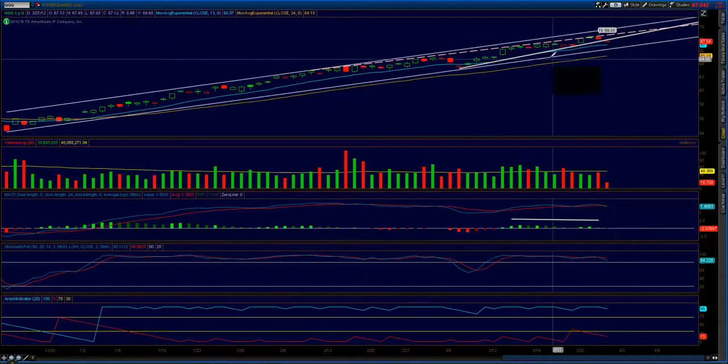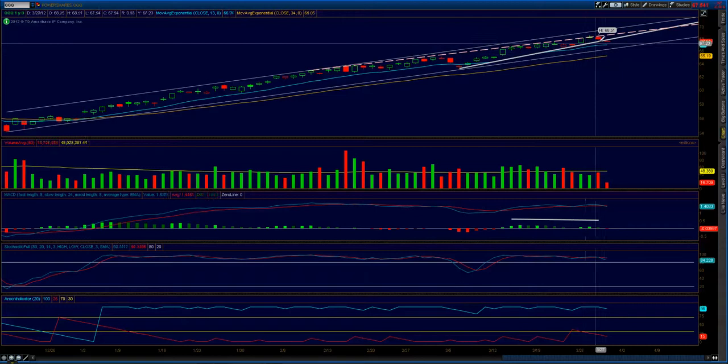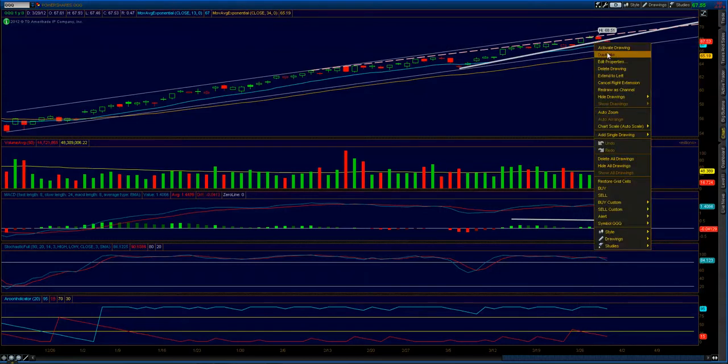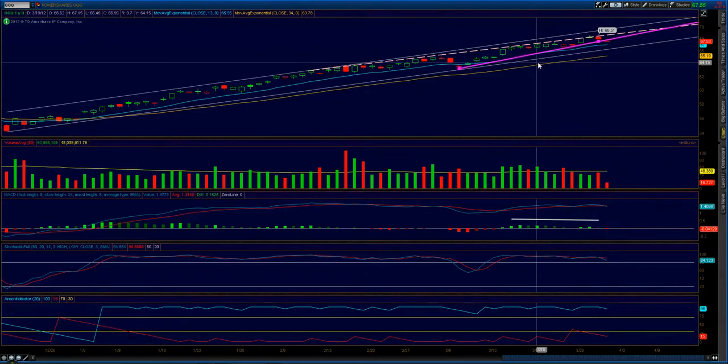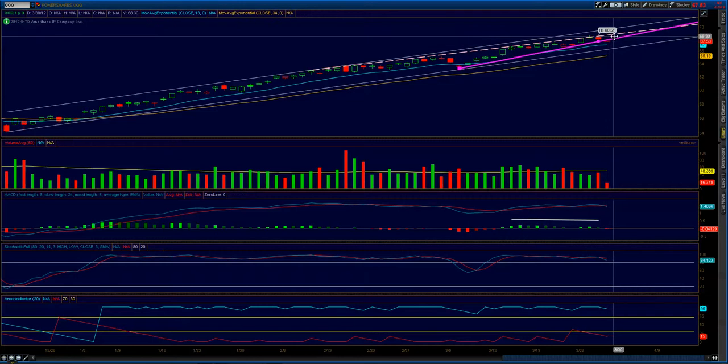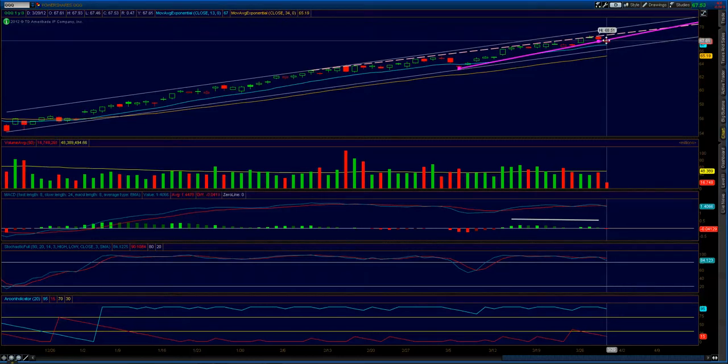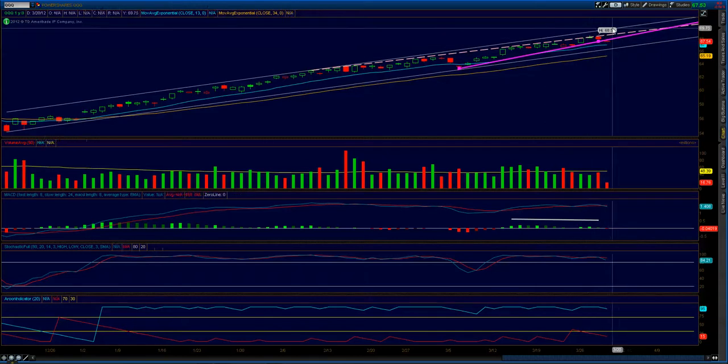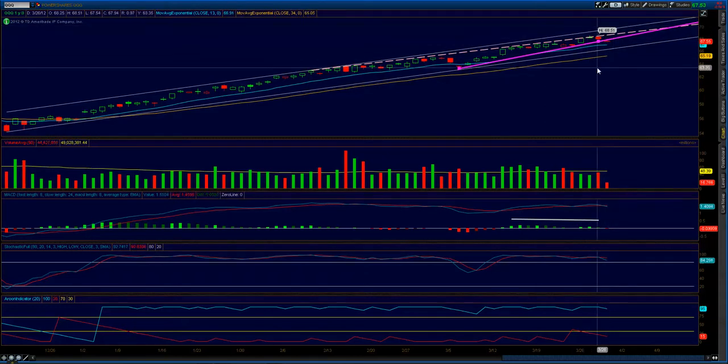Okay, so now today we broke this shorter term uptrend line. Let me actually, there you go. So now with this almost like wedge that came to a point, we've gotten to the point of contraction, and we broke down instead of breaking up. That is a little concerning as well.